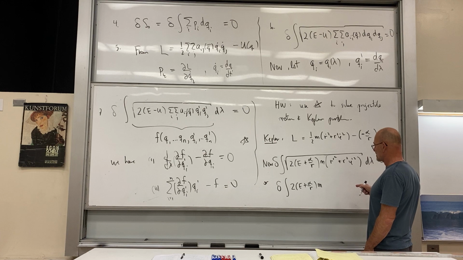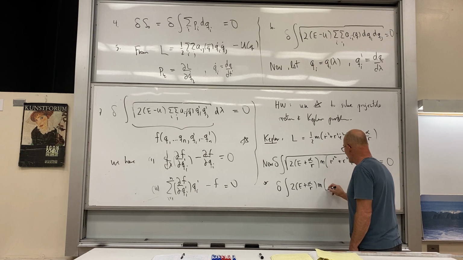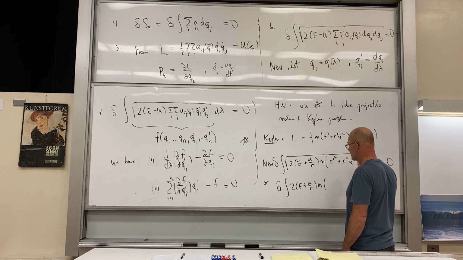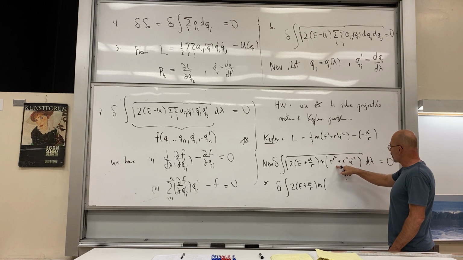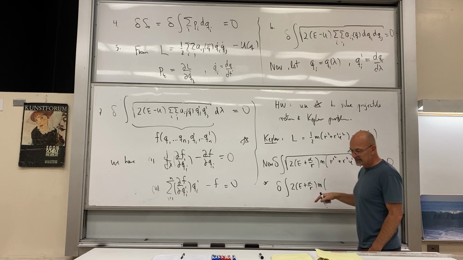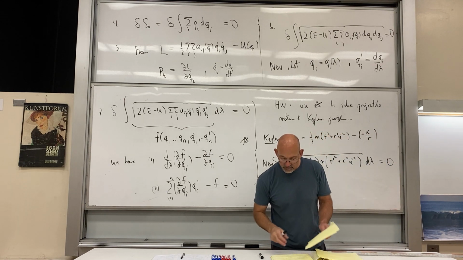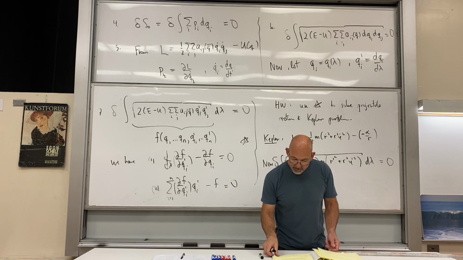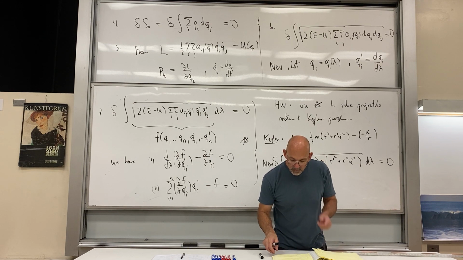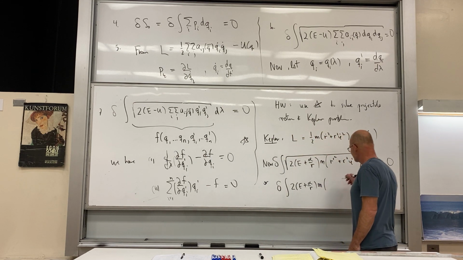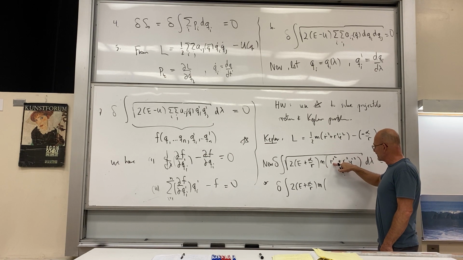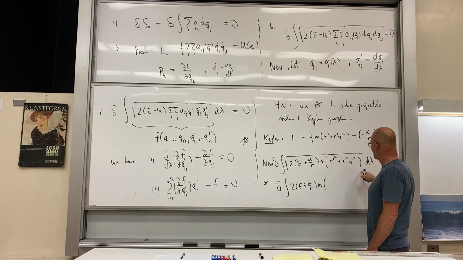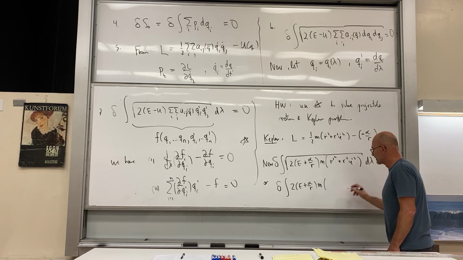Okay, so let's go ahead and think of it as dr dφ. Is that how I'm doing this? There are two options. So if the r prime is dr dφ, then we have dr dφ plus r squared phi prime squared.